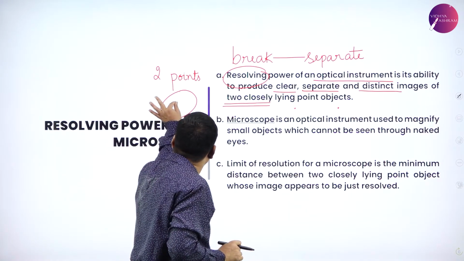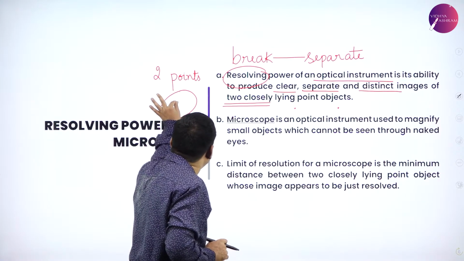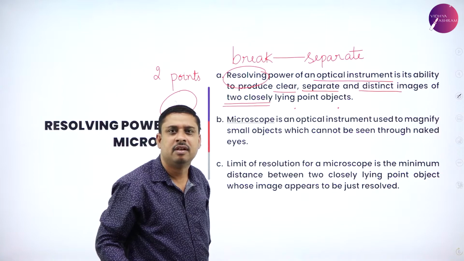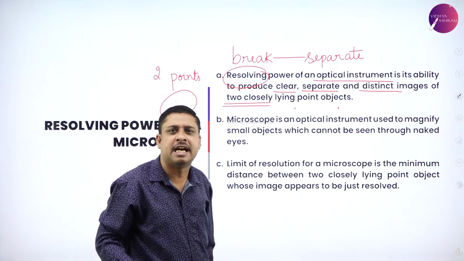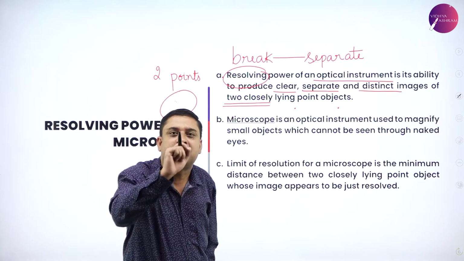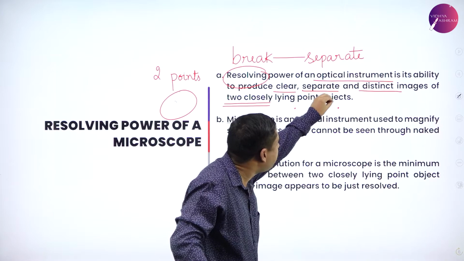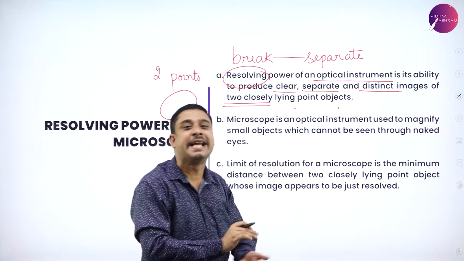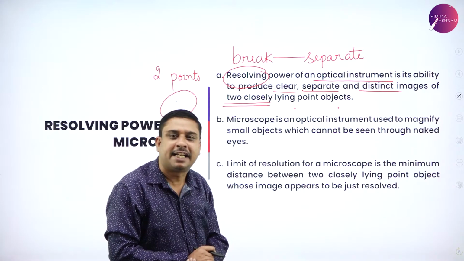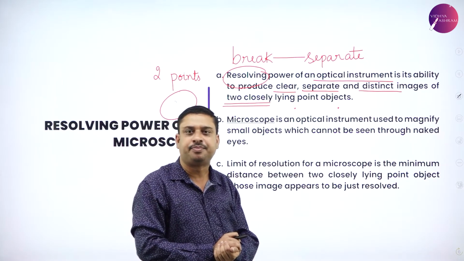If the 2 objects are very closely placed, the optical instrument has to resolve them clear, separate, and distinct. And that is what we call resolving power.